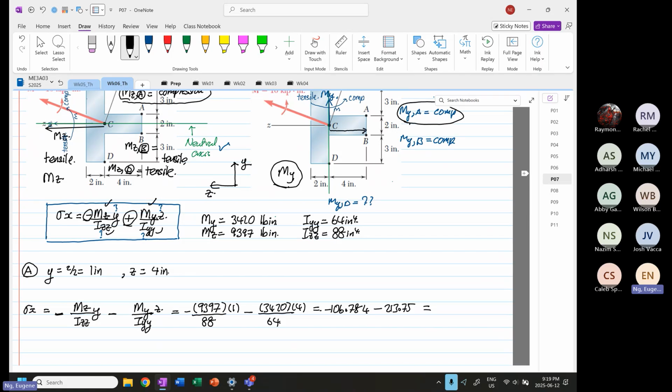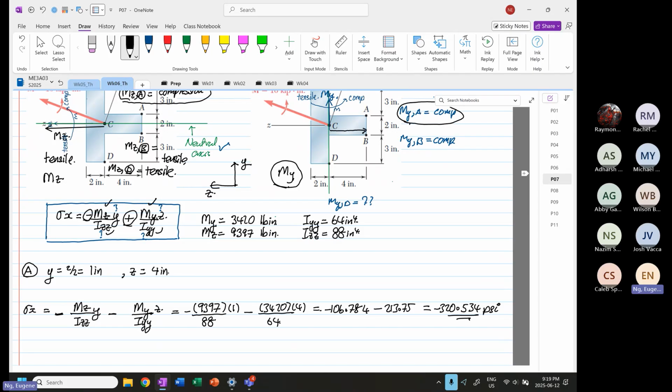So this will be equal to minus 106.784 minus 213.75, is equal to minus 320.534. This is in pounds per square inch, PSI.